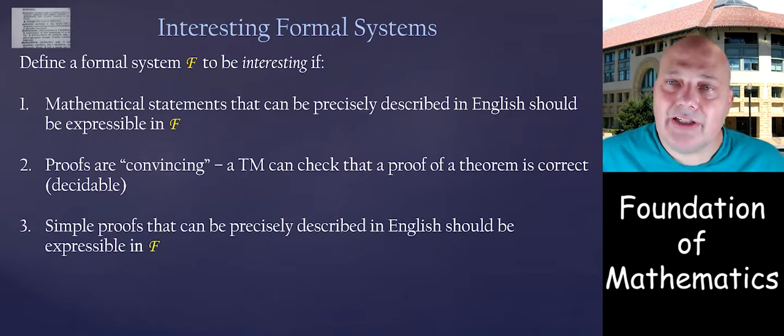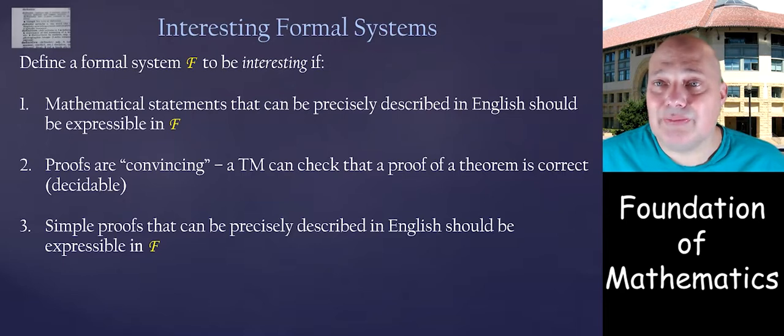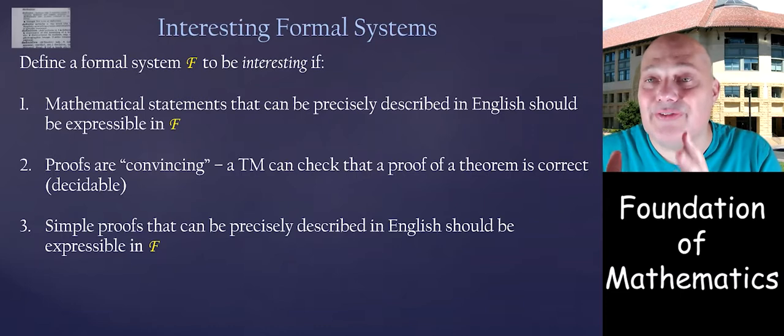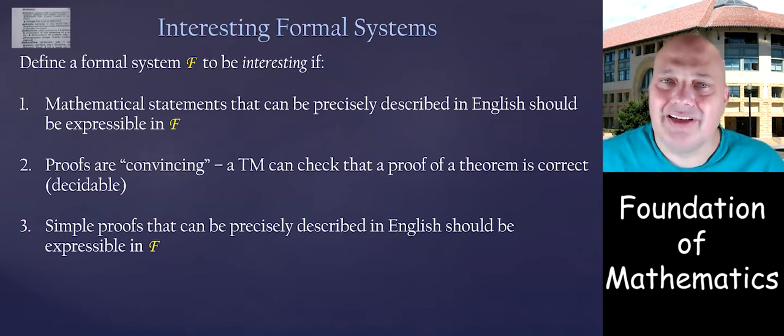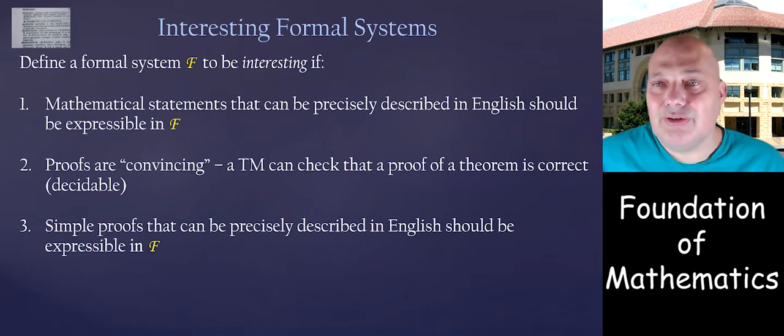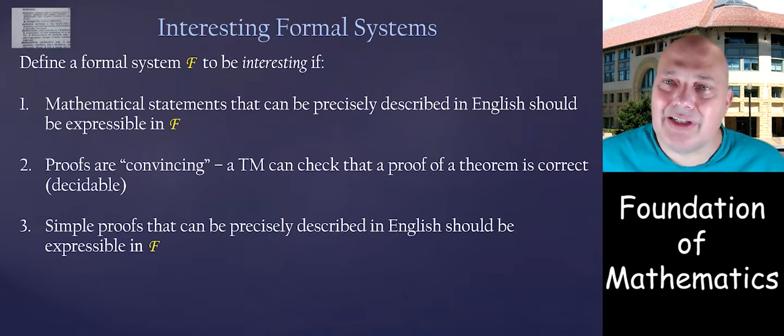And finally, whenever there is a proof that can be precisely described in English, it should be expressible in F. If we are going to transfer all of our mathematics from English or whatever other language we choose to this formal system, then we need to be as expressive, both in defining mathematical statements and in describing proofs.